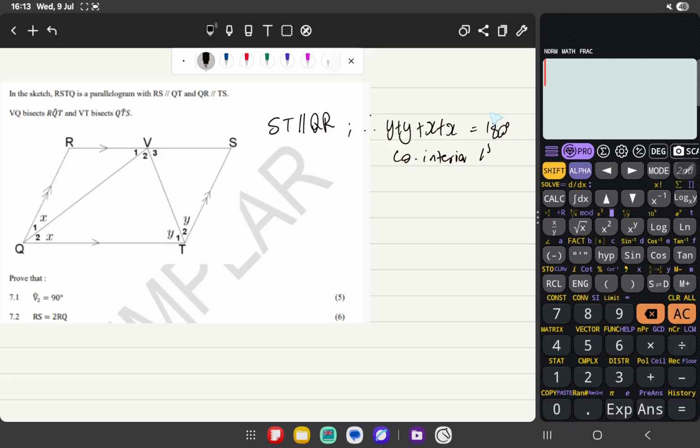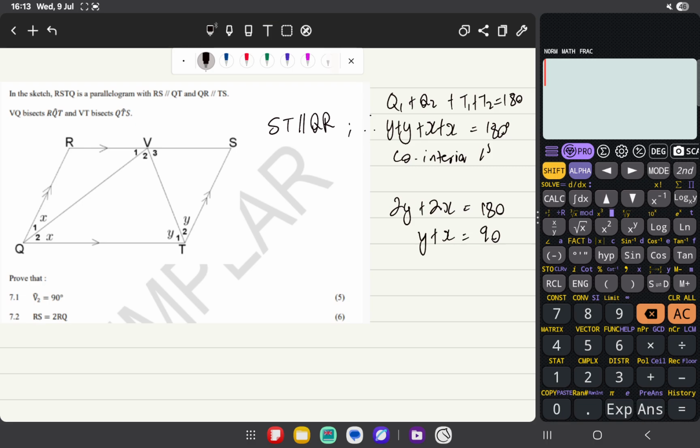You can even say q1 plus q2 plus t1 plus t2 equals 180, and then you substitute the x's and the y's, so you get 2y plus 2x equals 180, and then y plus x gives you 90 degrees. Do you understand? Cool stuff.